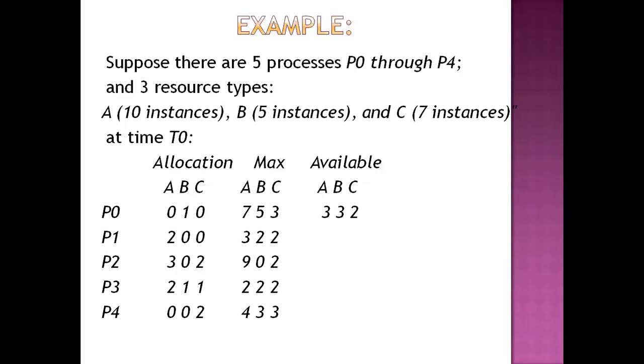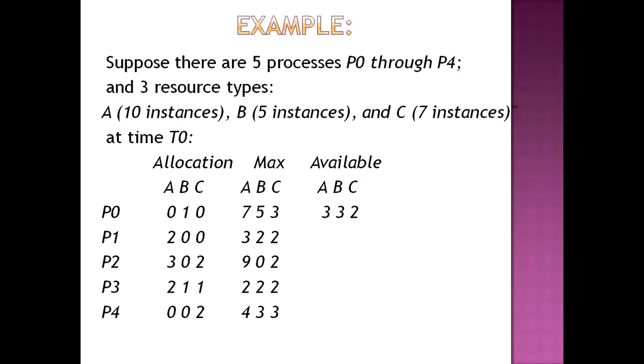Likewise, 2 instances of A are allotted to P1, 0 instances of B, and 0 instances of resource C. Likewise, P2 302, P3 211, and P4 002.